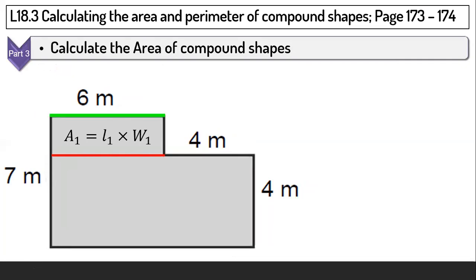What is my length? It's the 6. But what is my width? It's this part. Only this part, not the whole line. And this one, Amir, at the beginning of the lesson, he found it out. He said that this is actually 3 meters. If I didn't ask Amir at the beginning, it's a must for me to do it.